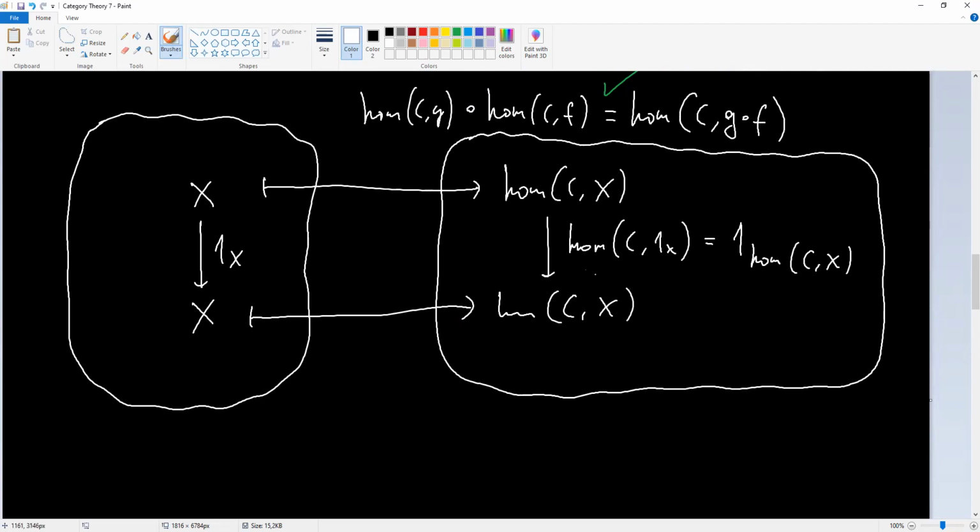So let's compute what hom C identity does. If I pick an element X here, it will be mapped to identity X composed with X, right?